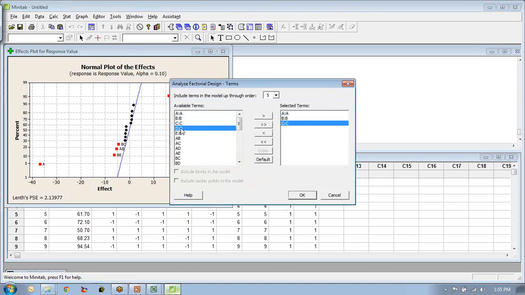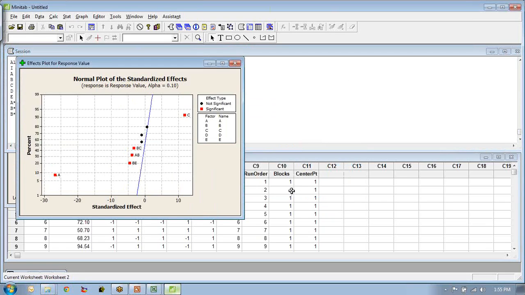A, B, C, D, E. What were the others? A, B, B, BE, BC, and BE. There they go. Okay. So now this is my model.